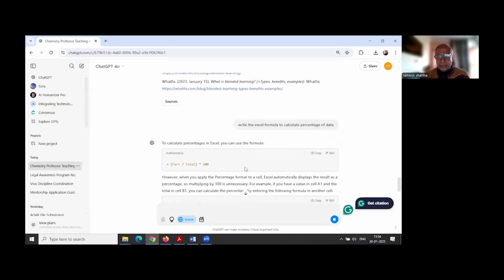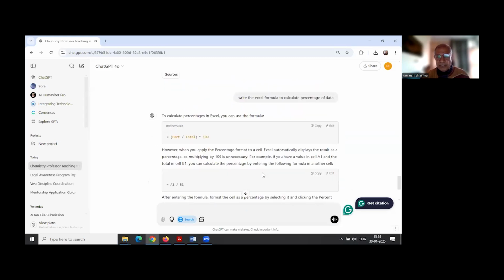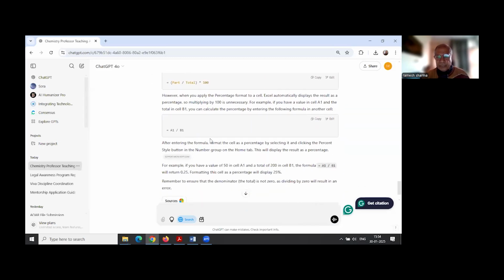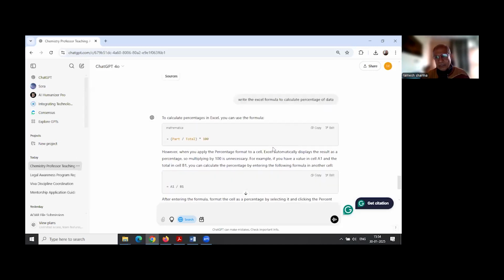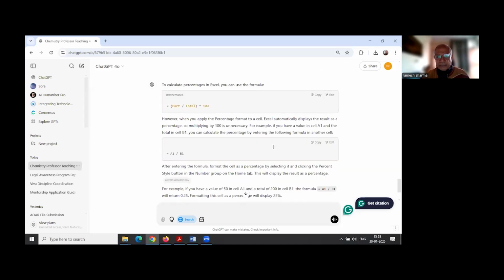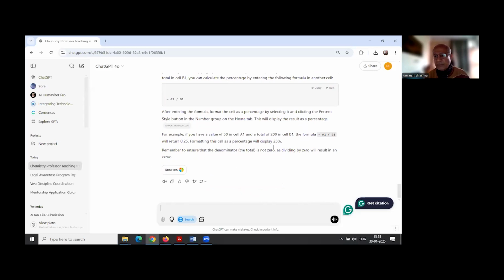So here it is giving us the formula and how we can write it in this way. So this is the power that we can use it as a teacher. We can use it as a student.